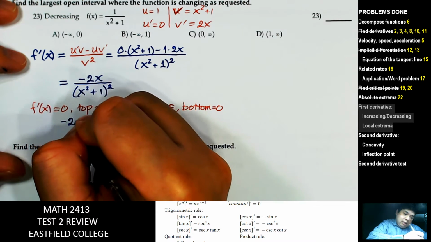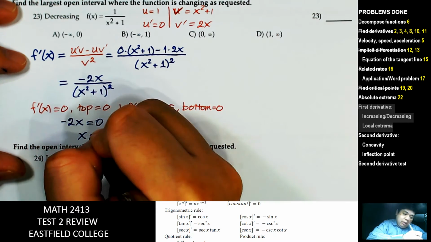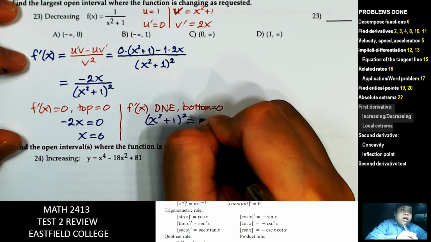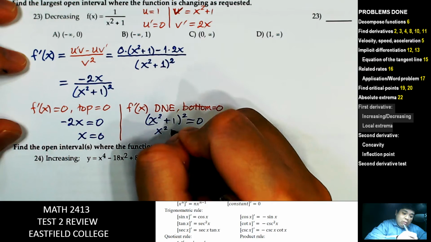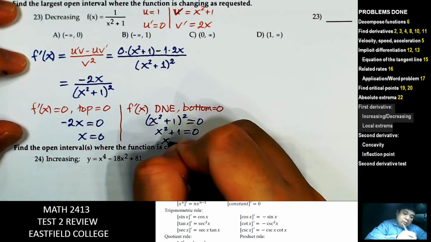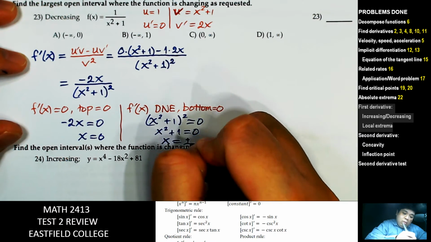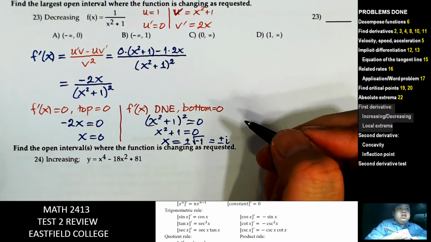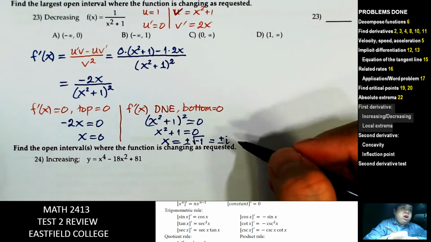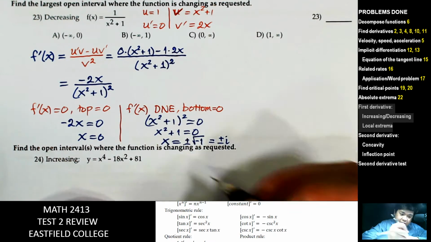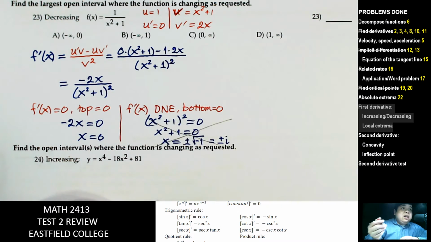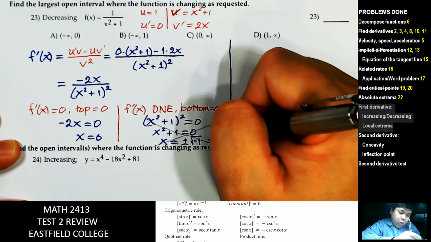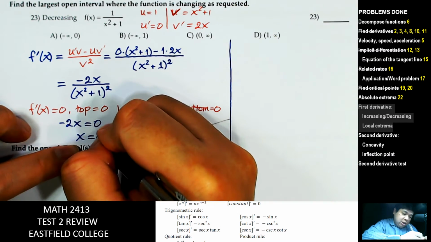So negative 2x equals 0 gives x equals 0. Then x squared plus 1 squared equals 0 doesn't give us anything, because x equals plus or minus the square root of negative 1, which is plus or minus i. Imaginary doesn't count, so we have nothing there. We only have one value, x equals 0.